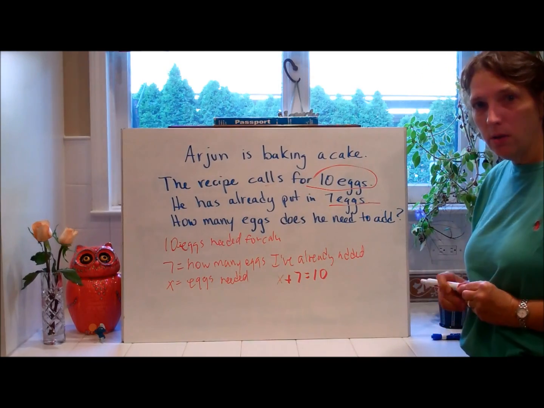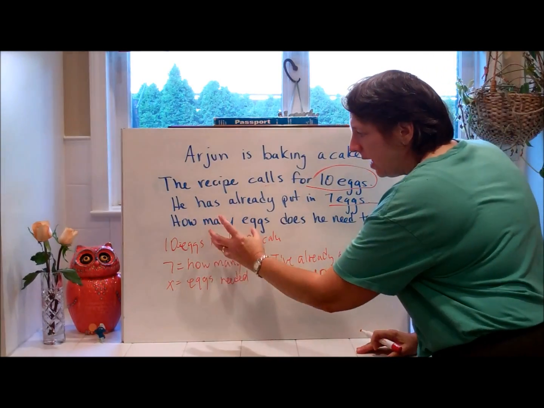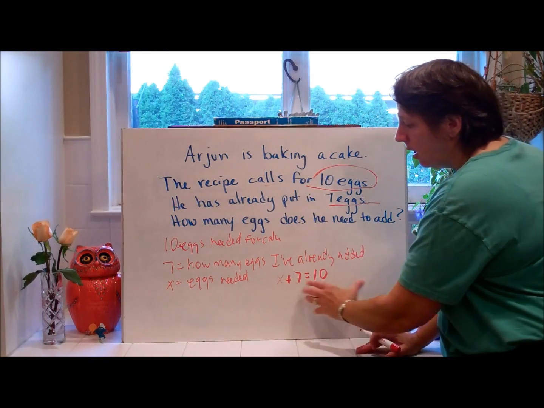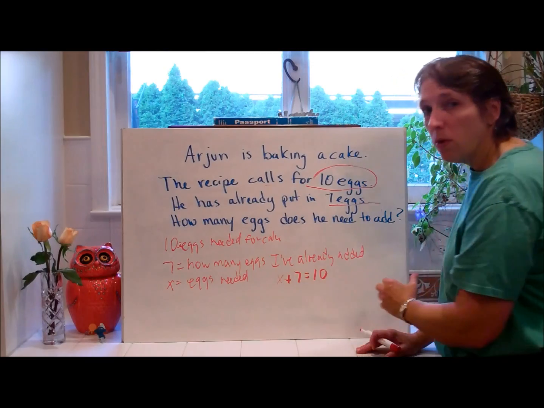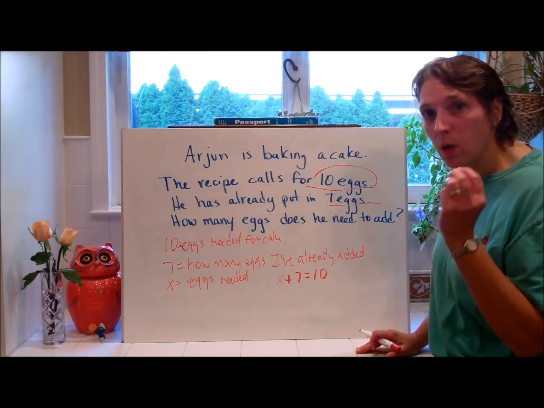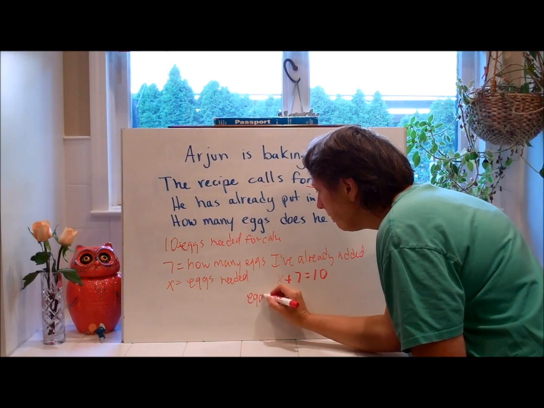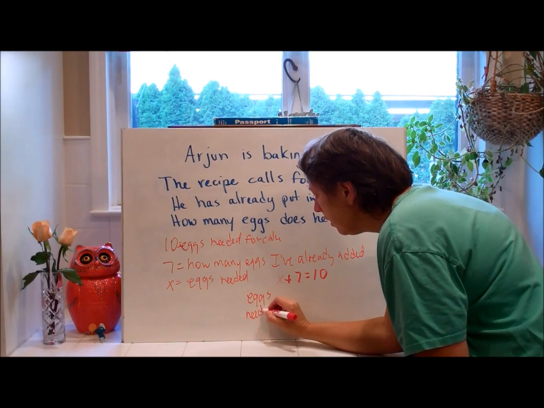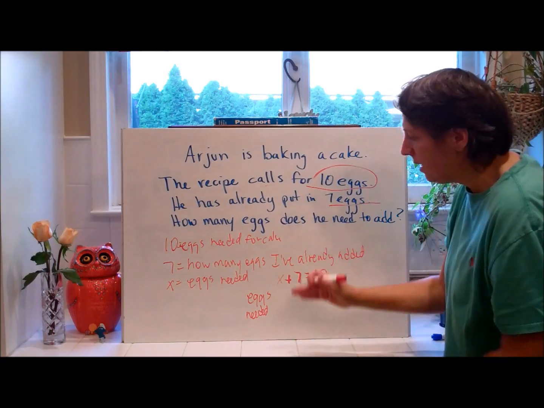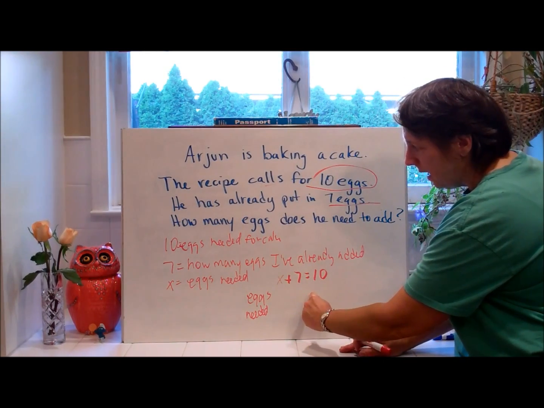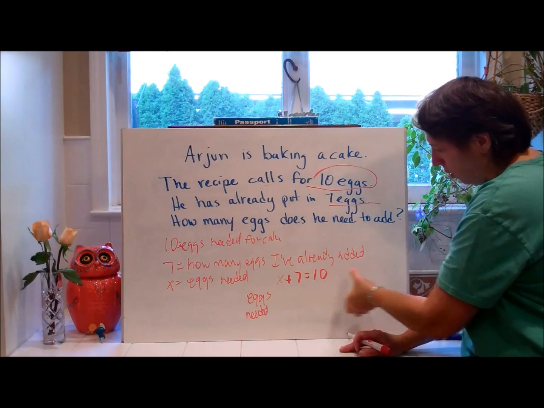What's the verbal model? The verbal model takes the labels and plugs them in place of the variable and the numbers in the algebraic equation in equation form. So what's x? Eggs needed. And I like to write it short because if I wrote eggs needed plus how many eggs I've already added, it'll run on.